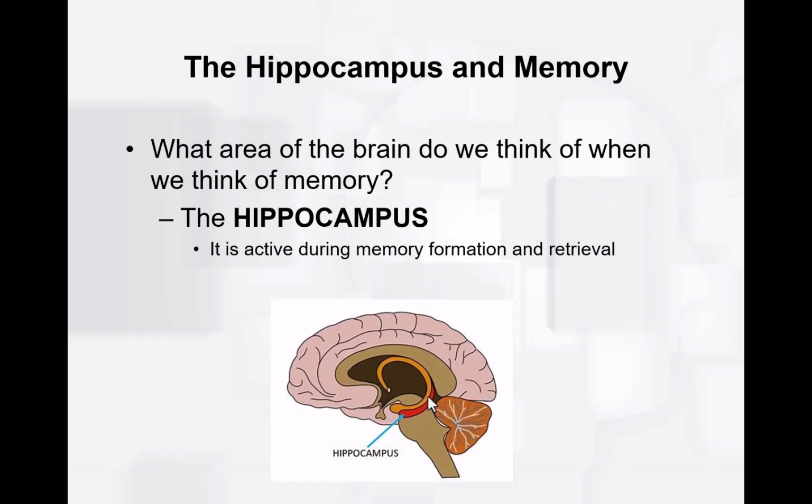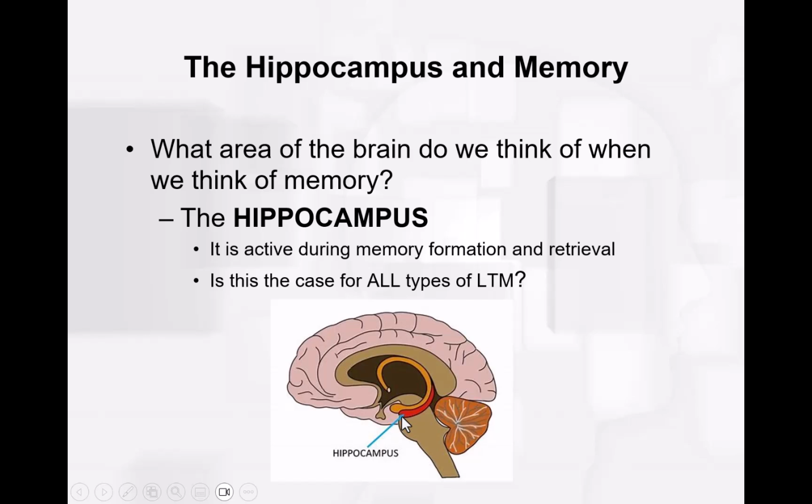However, is this the case for all types of long-term memory? So we're not going to discuss that in this video, but we will discuss it in the next video. And I also want to mention here that the hippocampus is in the temporal lobe, where we learned about those different lobes of the cortex, and it lies in the medial temporal lobe, or the middle part of the temporal lobe.